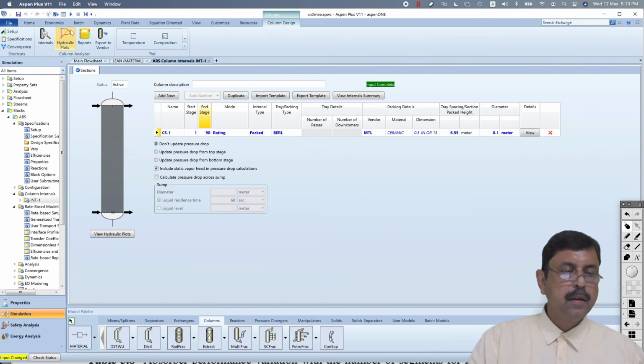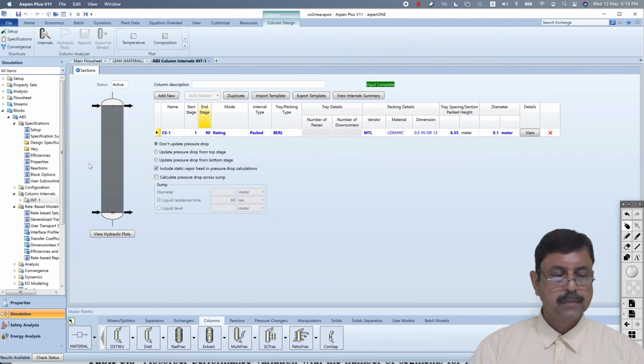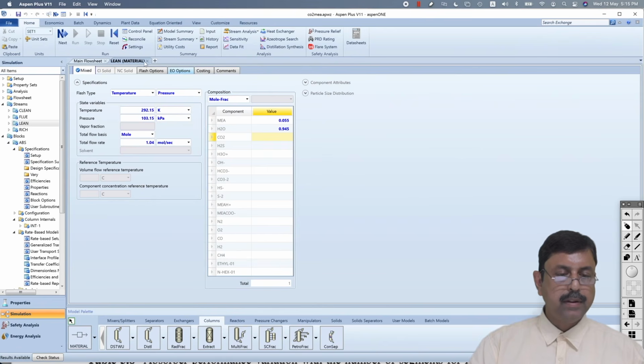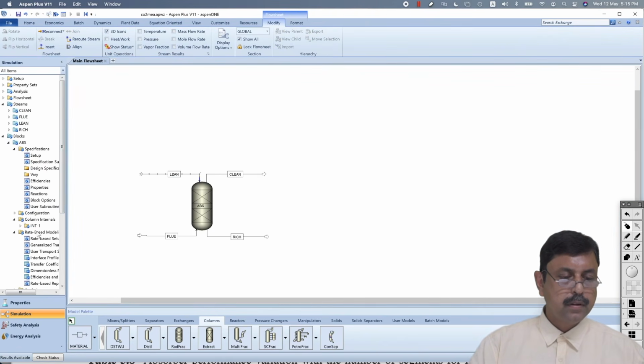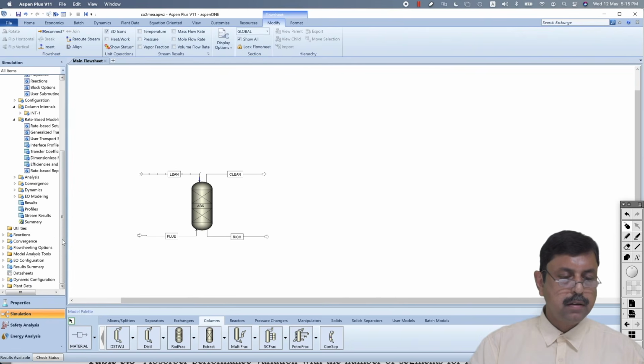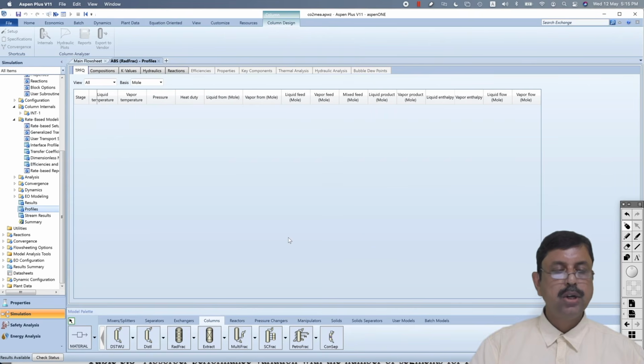Okay, then run it once again. Okay, again we have some results with us. Especially we are interested to know the profile, revised profile rather, for 90 stages.